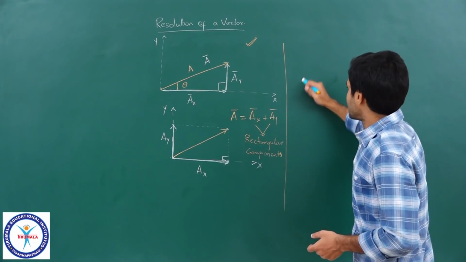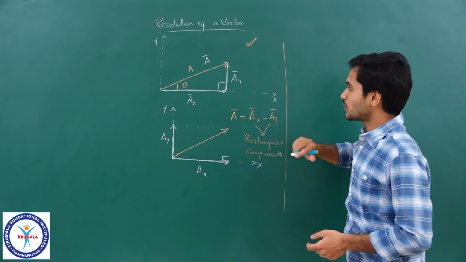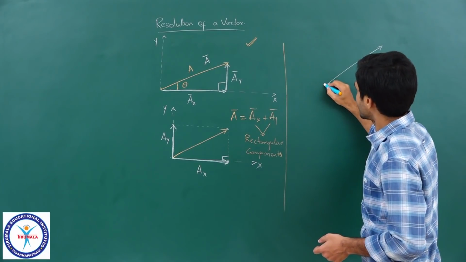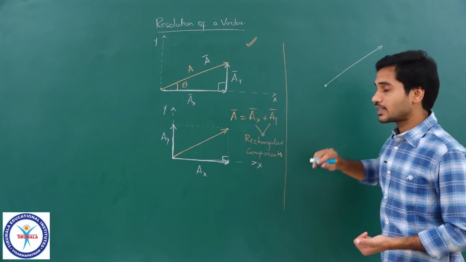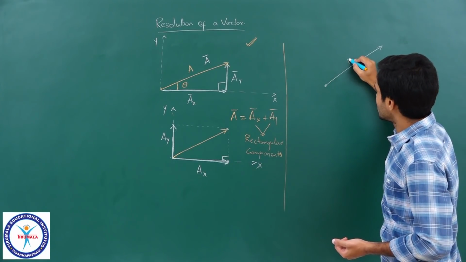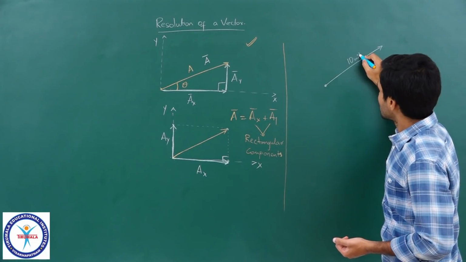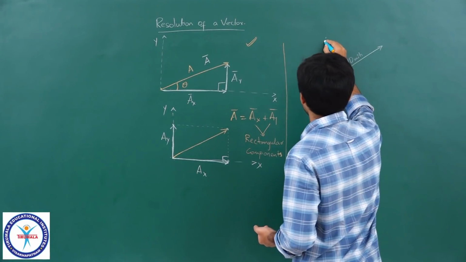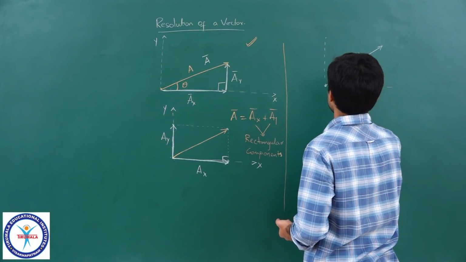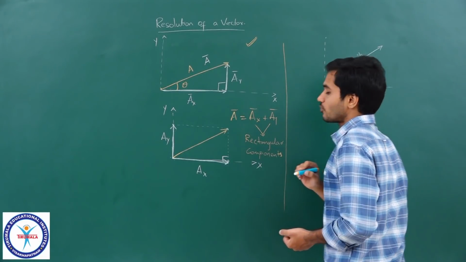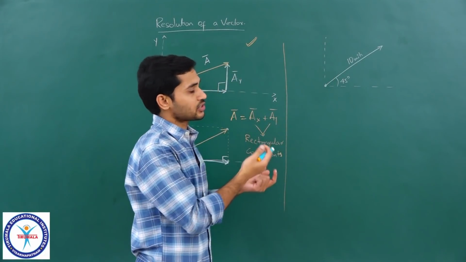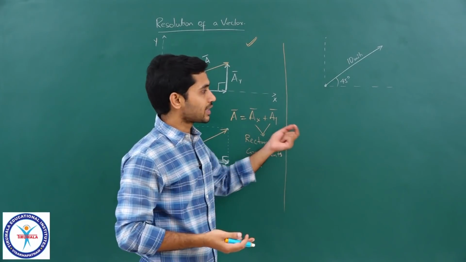For example, in this particular scenario, let us say they have given a vector like this. Let us consider that this vector has a magnitude of 10 units and is making an angle of 45 degrees with the x axis. Now I ask you to break down this vector into rectangular components.